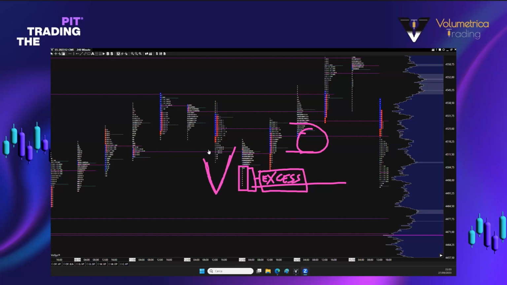Reinhard, what is the best time frame? Well, there is not a time frame for TPO charts because they would just represent the entire day, the entire session.